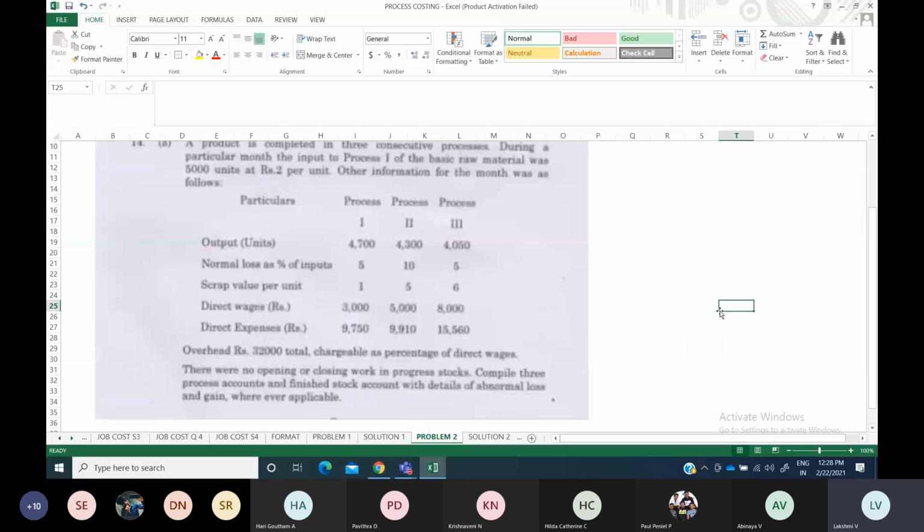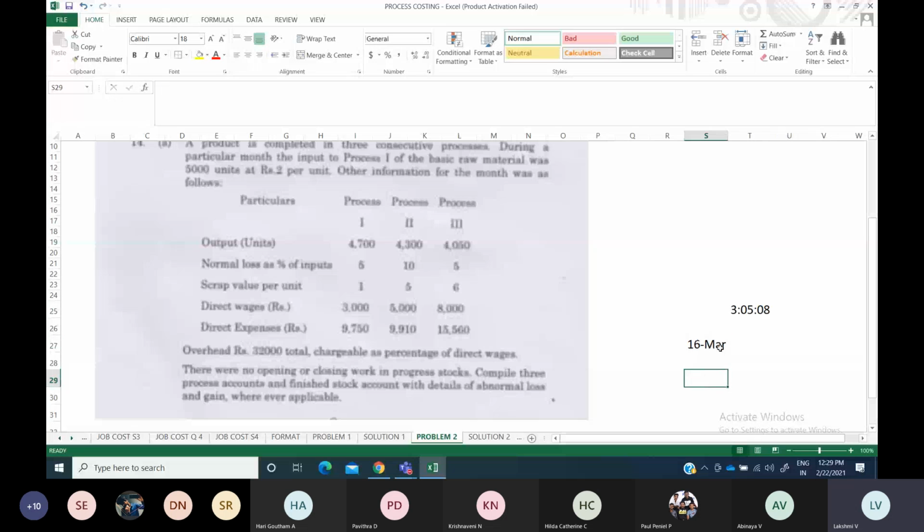So can we take this as ratios? We can take 3,000 is to 5,000 is to 8,000. So it will be 3:5 is to 8. Then 3 plus 5 is 8, 8 plus 8 is 16.